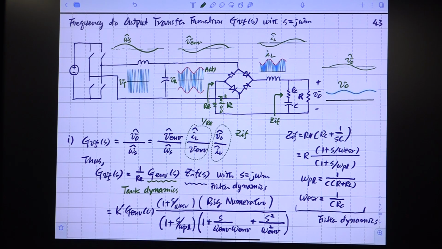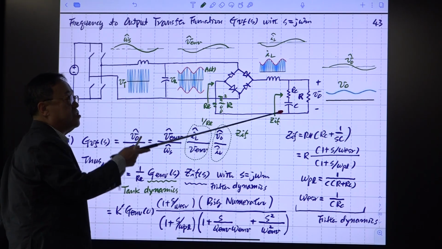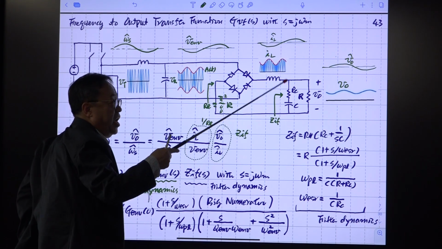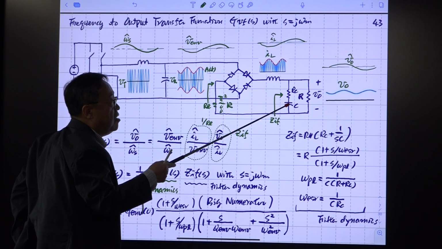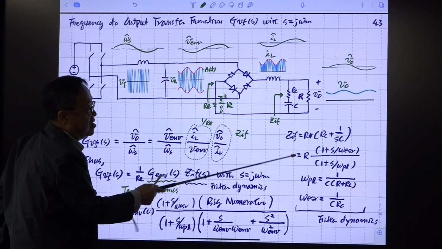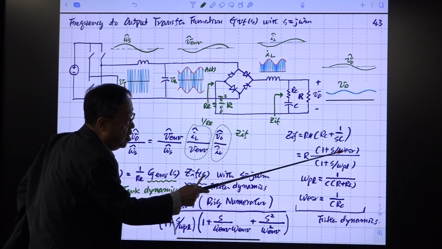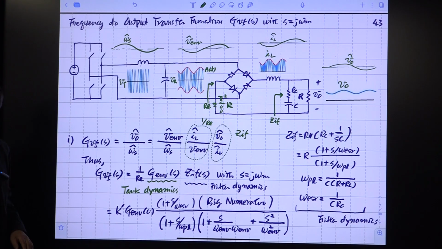Then evaluate this one. This is the GIF, the input impedance seen through this parallel branch of the capacitor with its ESR and the resistor. The input impedance of this part has 1 zero and 1 pole. This zero is called the ESR zero, and it is generated by the ESR of the capacitor.